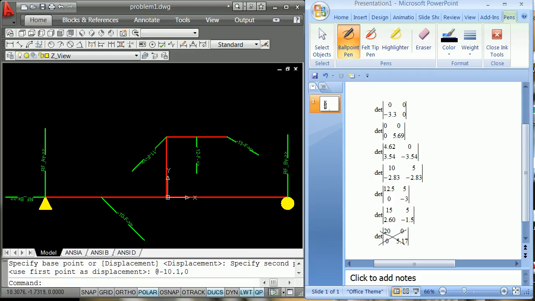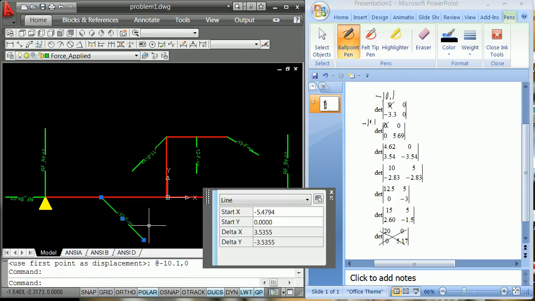So this one here, instead of being at 0, 0, we know these are at minus 10.1. This is also at minus 10.1. This one, if we do the math of 4.62 minus 10.1, we get minus 5.48.